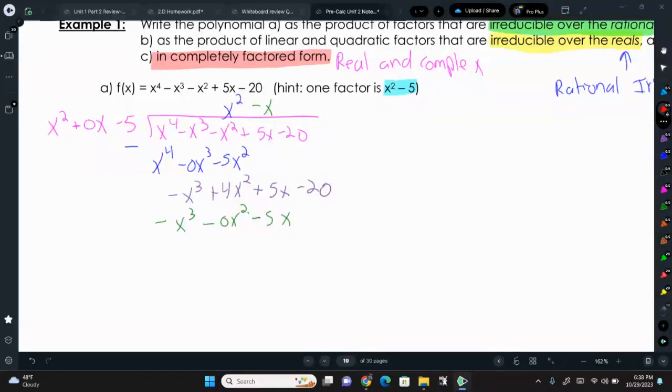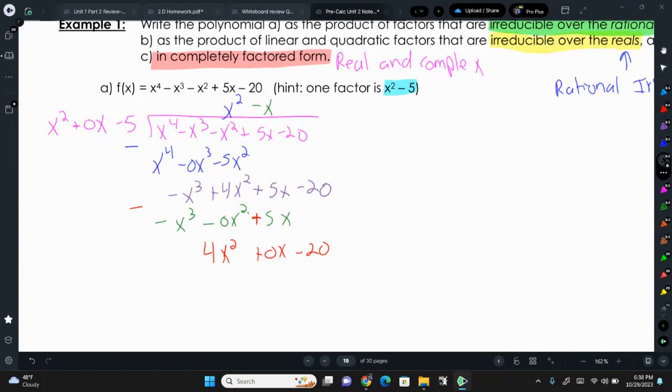So then we will subtract. Negative x to the third minus negative x to the third is 0. 4x squared minus 0x squared is 4x squared. 5x minus negative 5x, I'm sorry, this should be a plus right here because negative x times negative 5 is positive 5x. So 5x minus 5x is 0. And then we bring down the negative 20.